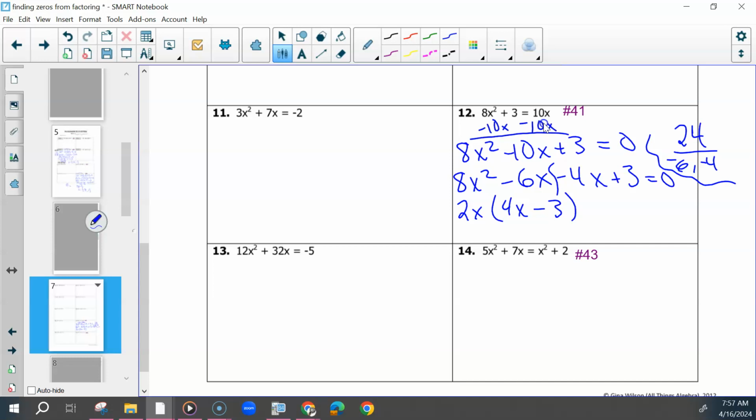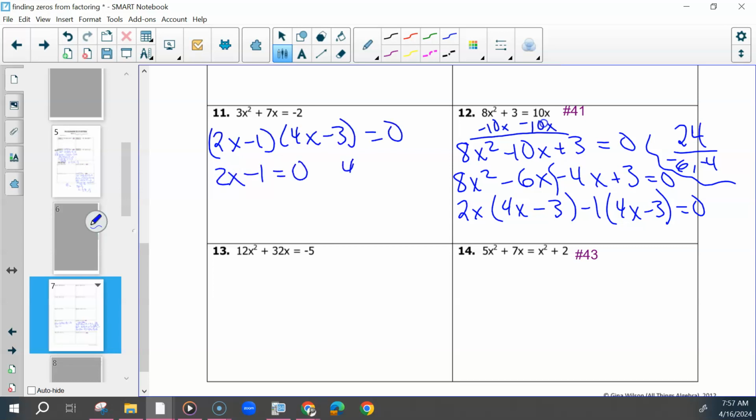Negative 1. I'm going to do this in this space because I ran out of space. So then when we set both equal to 0, you're going to end up with two fractions. Go ahead and solve those and find them.